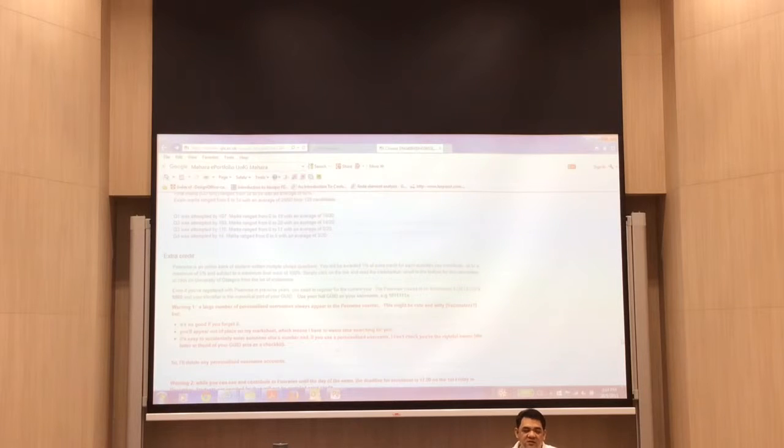So you can see the trend. Among those in first class, there is a much higher percentage of those who are answering, compared to as you go to second upper, second lower, third class and fail. It's very clear. So I think by being active, you will be able to learn more. I mean, that's the lesson there.